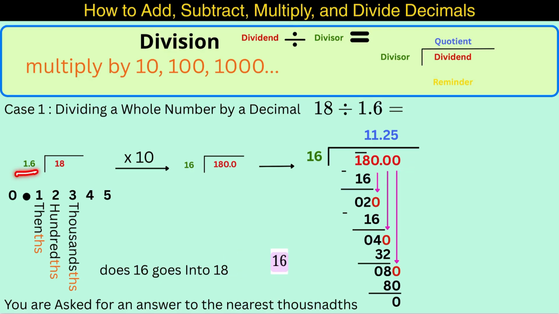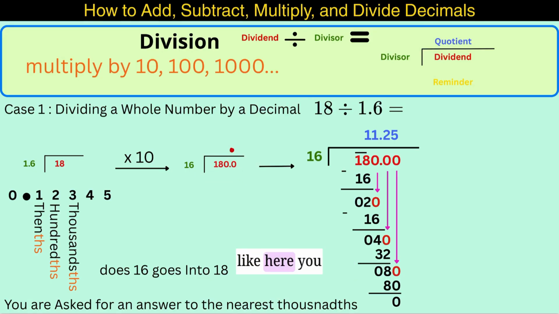Then 1.6 times 10. I'm just going to move this to the right, and it will be 16. Then right away, I'm going to put my decimal point on top. I'm going to line up the decimal point for the answer, the quotient, and the actual number.